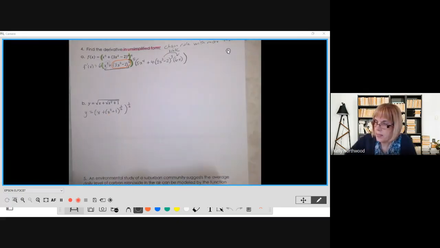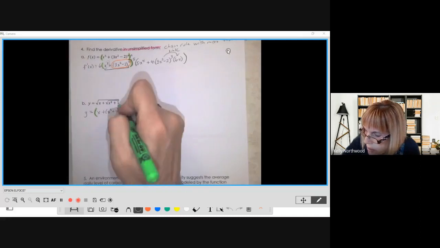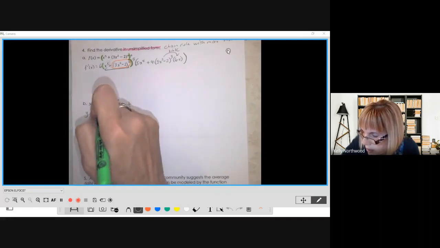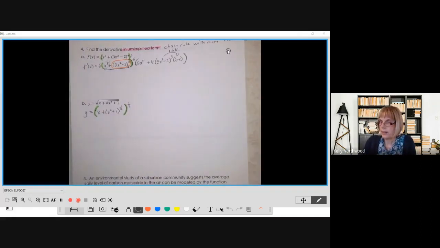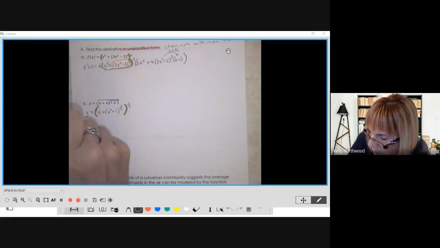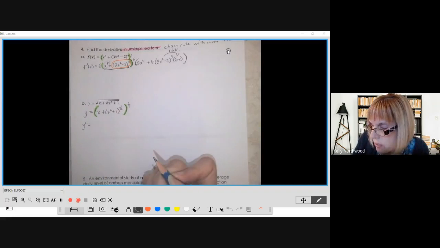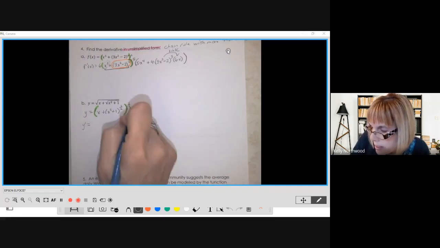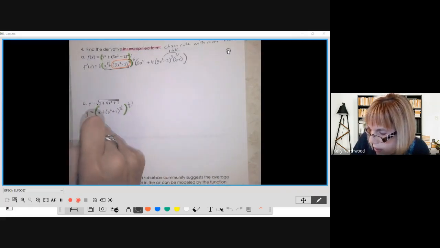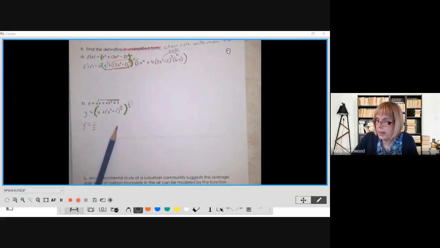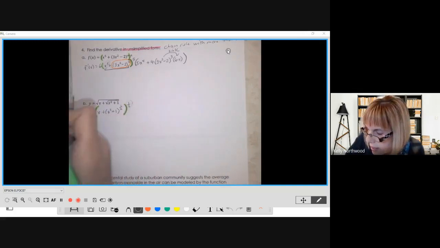Okay, so again, this is my first power function. So the outer derivative, if I'm finding the derivative, my outer derivative for y prime is going to be half times whatever's in the green brackets to the negative 1/2.